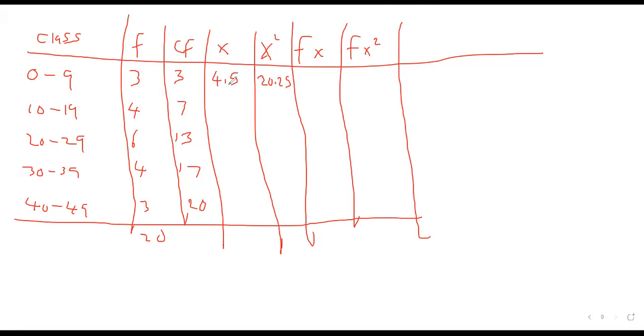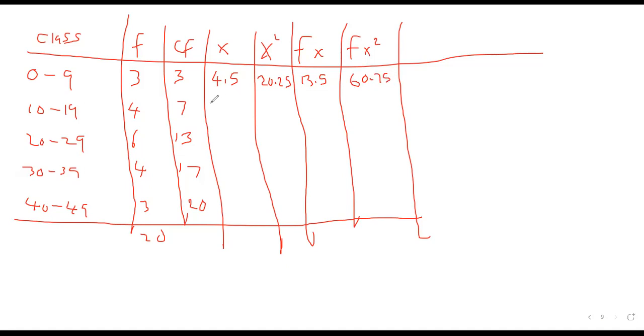So what is 4.5 times 3? We get 13.5. And 20.25 times 3, we get 60.75.